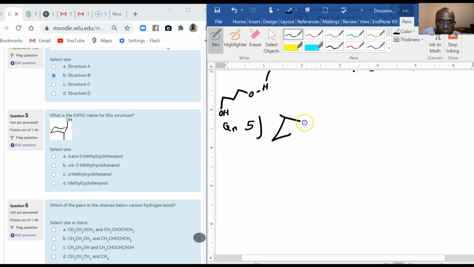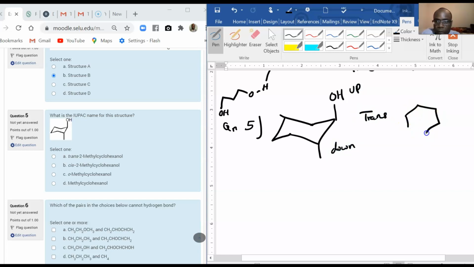Since you have a chair, and I see that this one is up and this is down, so they are in trans configuration. If I were to draw the ring, I'll get it like this.